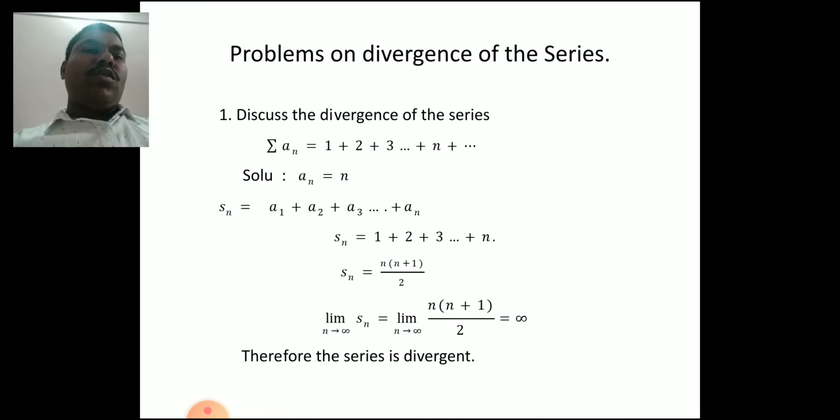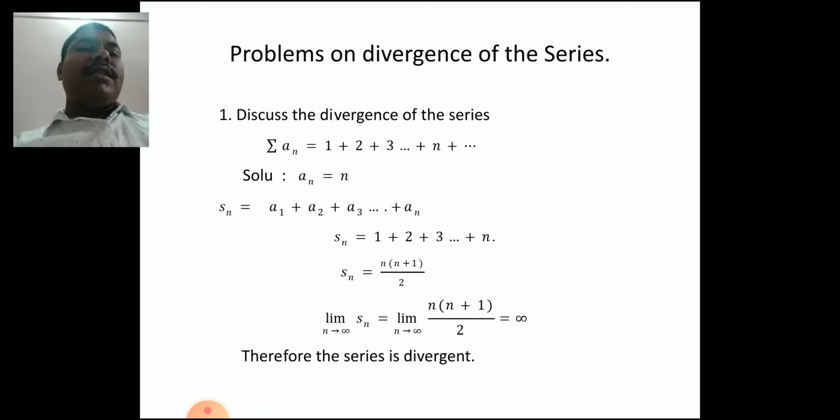Summation an is equal to 1 plus 2 plus 3 up to plus n plus up to infinity. Solution for this problem: here an is equal to n, the nth term of the series.